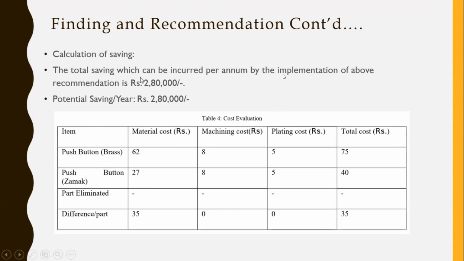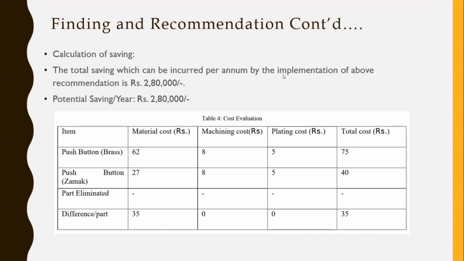The total cost saving per annum by the implementation of the above recommendation is 280,000. For the push button, the material cost, machine cost, plating cost is 75. Push button with the aluminium alloy is 40. So the difference per unit is 35.